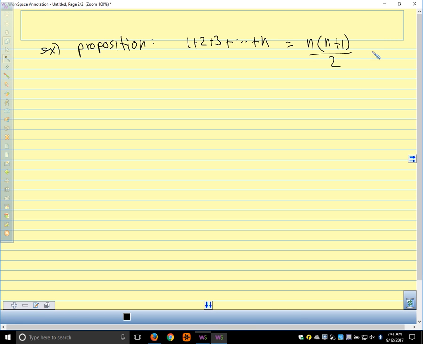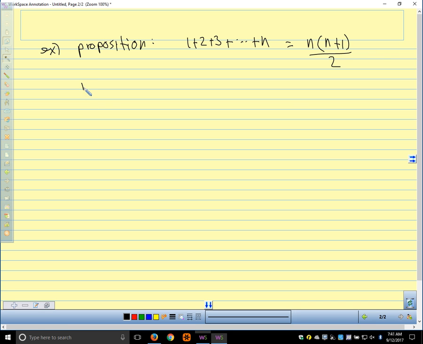Does this look familiar? It's not multiplication, it's addition. This is an arithmetic series. And in pre-calc, I showed a different proof, an algebraic proof, that the sum of n terms is n times n plus 1 over 2. Now we're going to do a proof by induction.